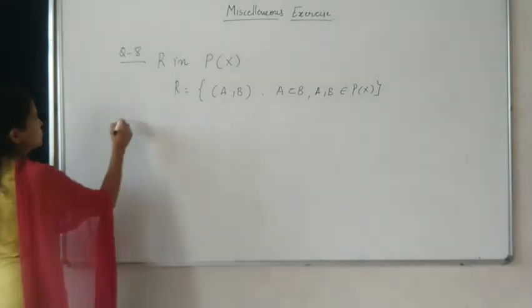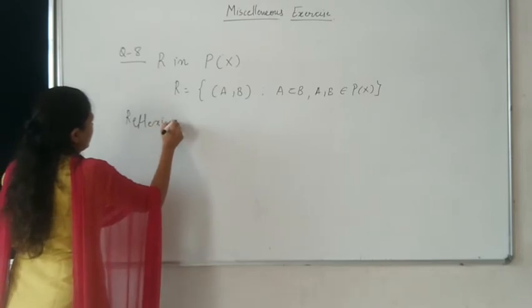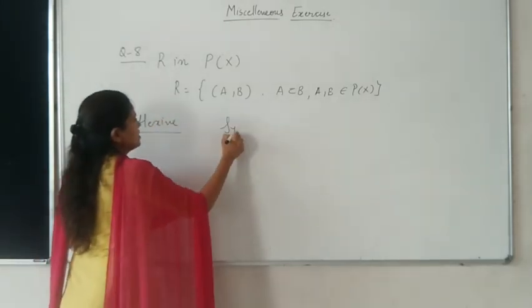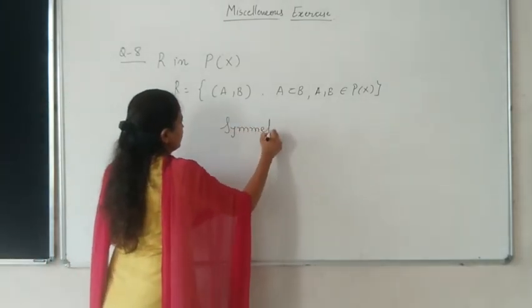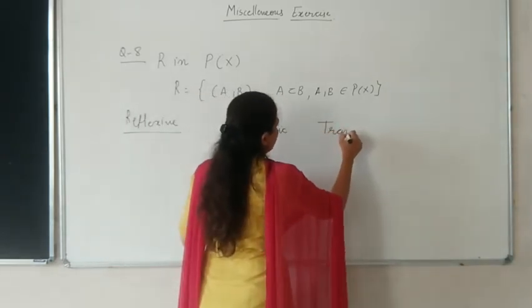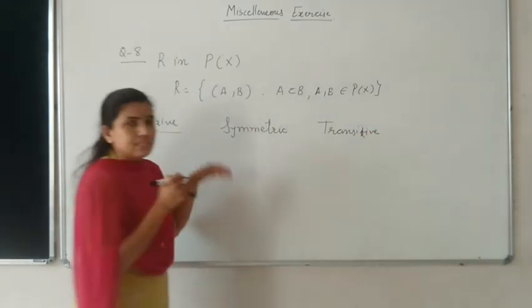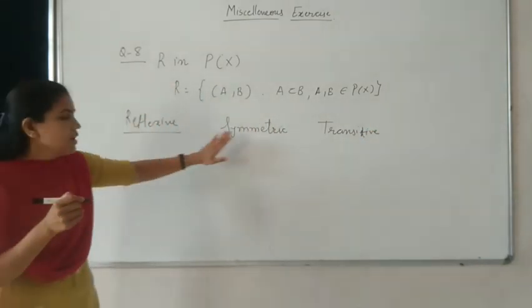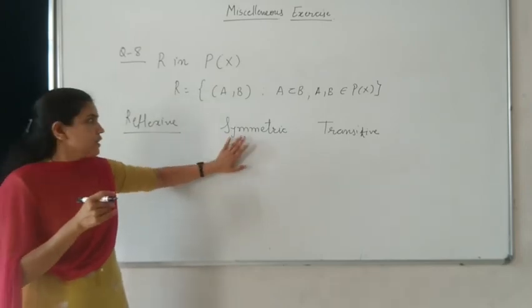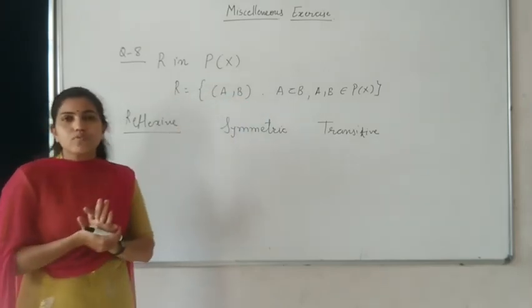So first we have to show it is reflexive, then we have to show it is symmetric, and then we have to show it is transitive. If all three properties are satisfied by this relation, then we can say it is an equivalence.